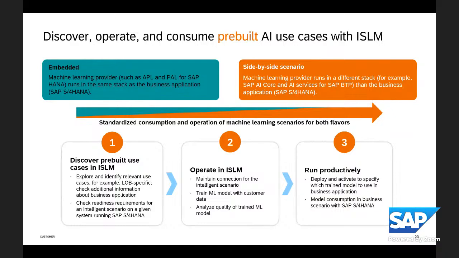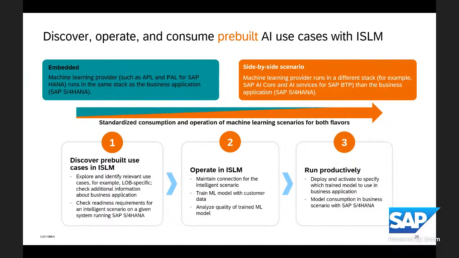Once you're satisfied with the model, you need to deploy and activate it, and then it would run productively in your environment, and you can leverage its capabilities in your business application. I'd like to say a statement on the activation part. This is where ISLM comes with two flavors of activation, namely activate for me and activate for all.